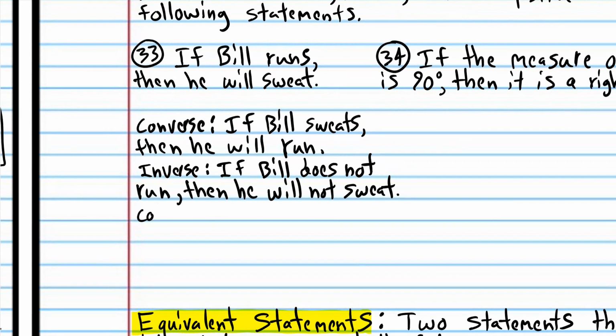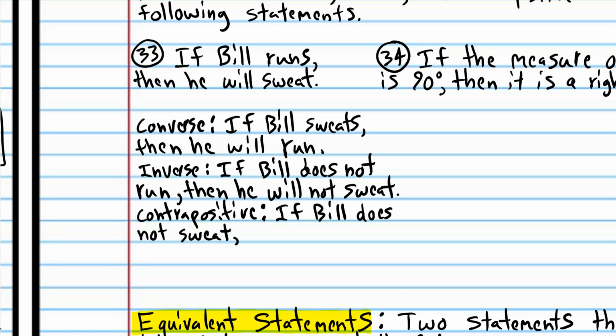All right, now we're going to do the contrapositive. We're going to switch and we're going to negate. So we're going to switch them. The sweat is going to come first. So if Bill, and we're going to negate, so does not sweat, then he will, and we're going to negate the second statement too, will not run.